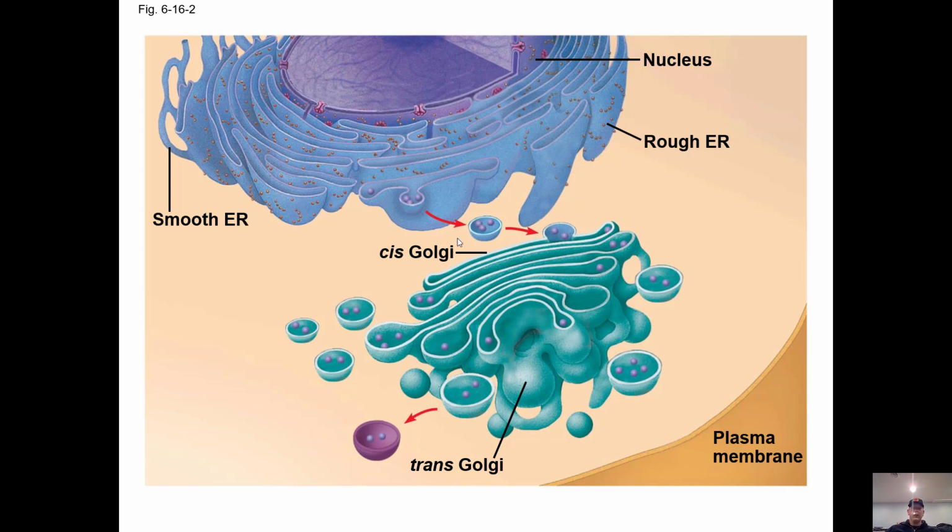Enzymes inside the Golgi will modify the proteins or whatever else is in there for export out of the cell. Eventually, it will leave the trans side of the Golgi apparatus once it's been modified into a secretory vesicle, and then it will fuse with the plasma membrane, or the cell membrane, and those materials will leave the cell.